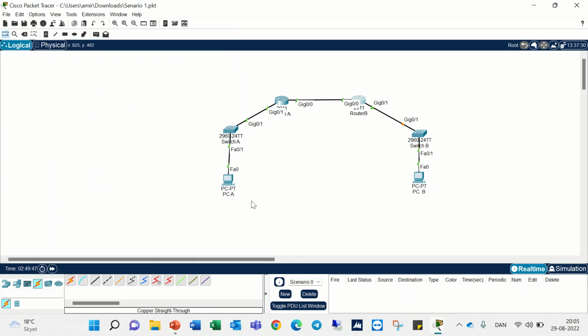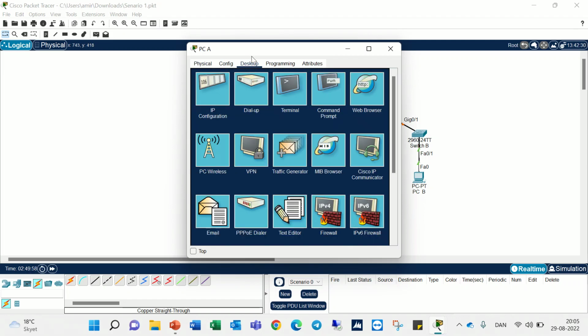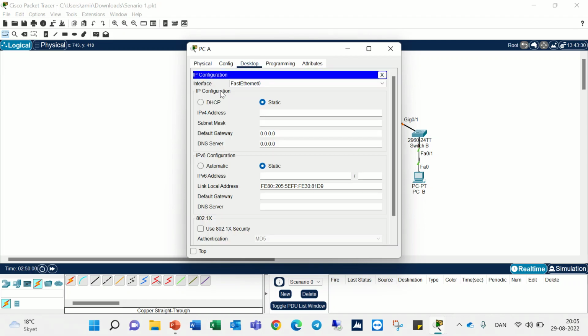But also in PCA or PCB and also switch A and switch B, you should configure something. For example, in PCA, you can come here and under desktop, under IP configuration, you should write any IP address here. For example, I want to use an IP address for one.